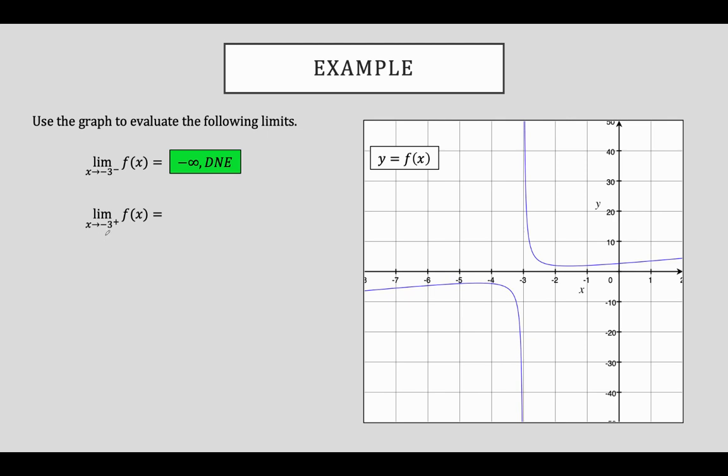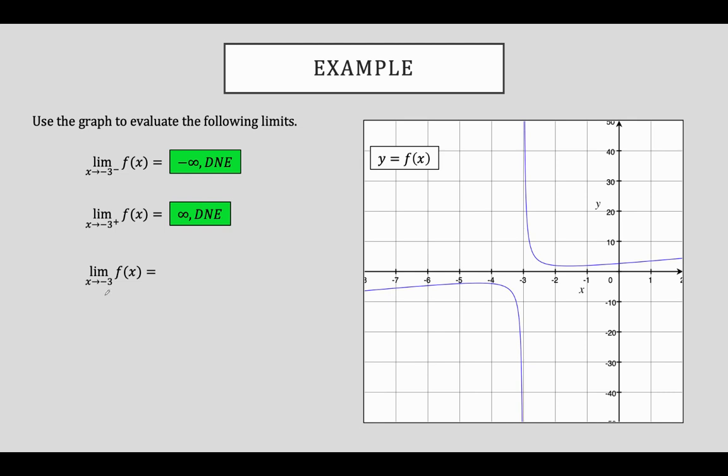The limit as x approaches negative 3 from the right. Well, as I travel along my curve, and my x values are getting closer and closer to negative 3 from the right, my y values are going up and up. Therefore, our limit is equal to positive infinity and DNE.